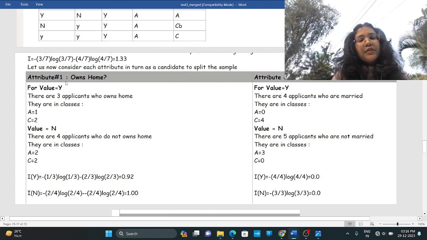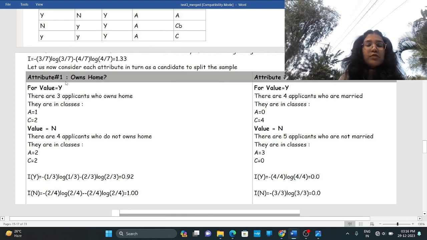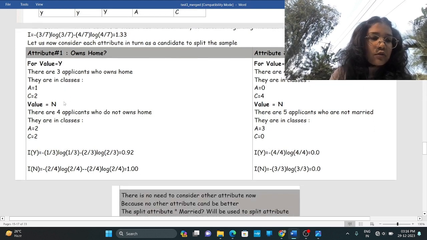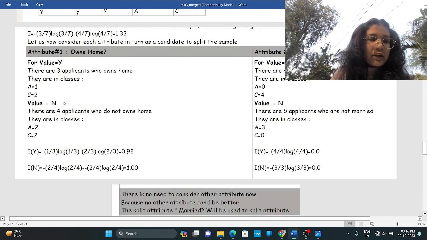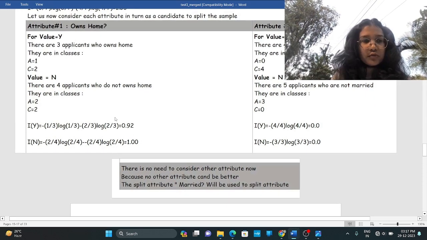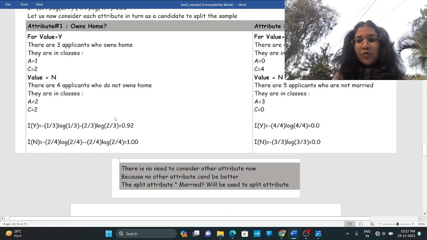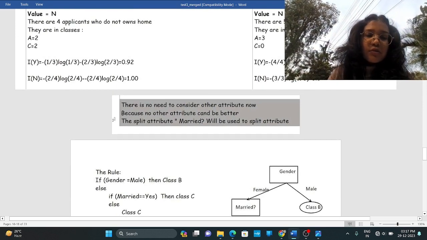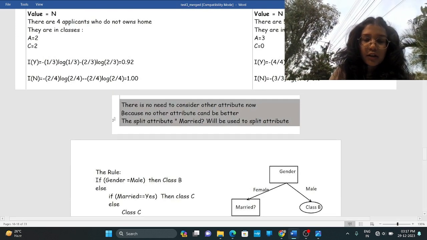Let us now consider each attribute in turn as a candidate to split the sample. As mentioned above, apply that process on this. Attribute 1 is owns home, attribute 2 is married. There's no need to consider other attributes now because no other attribute can be better.